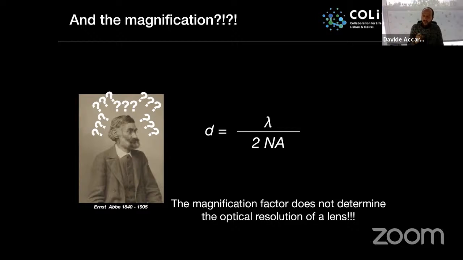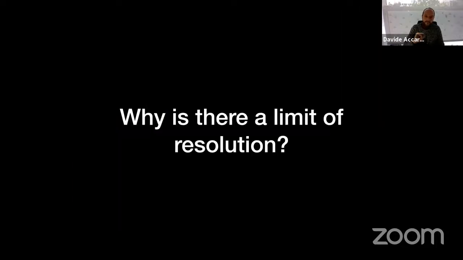There are many considerations that must be made. Please, again, talk to your local expert, because this is not a rare case: there are small lenses that outperform highly magnifying lenses.